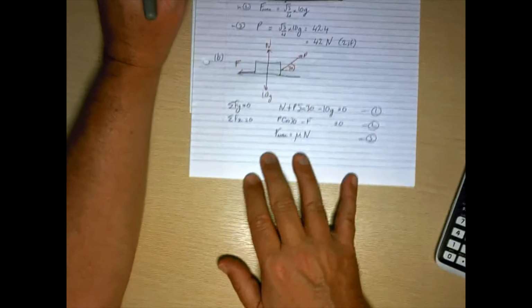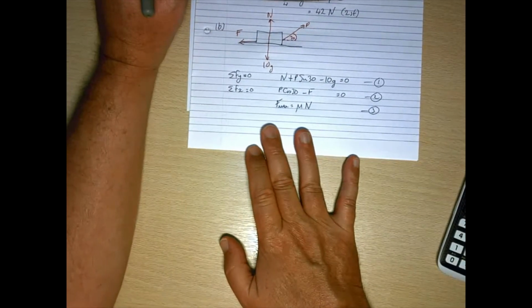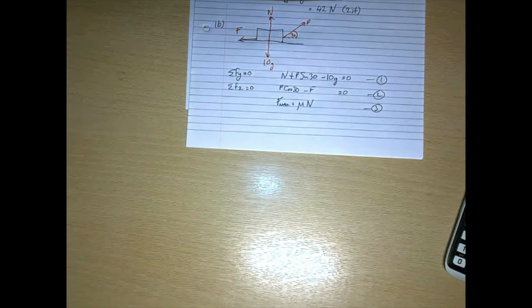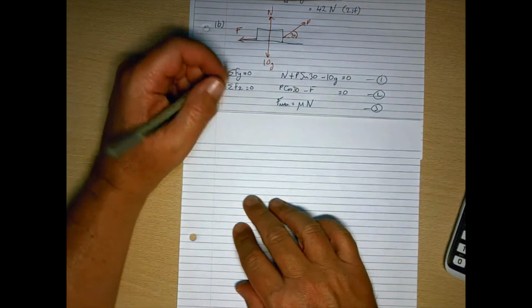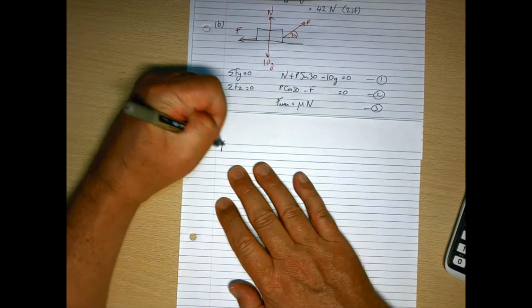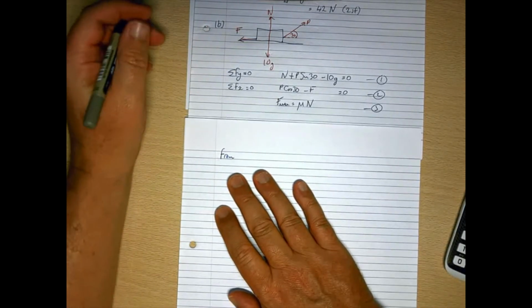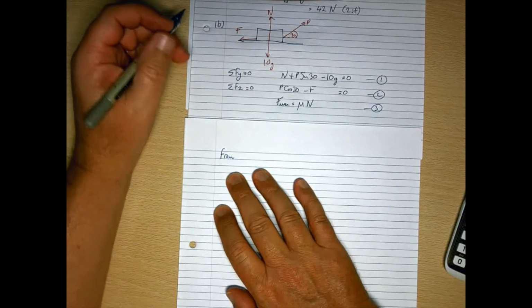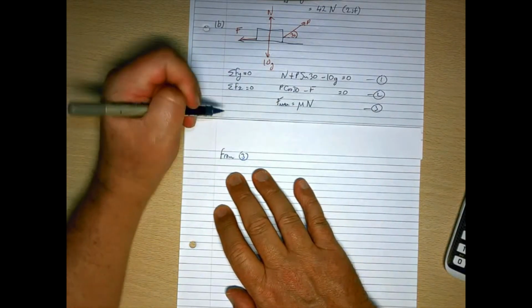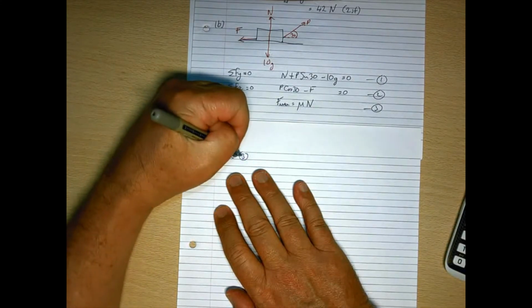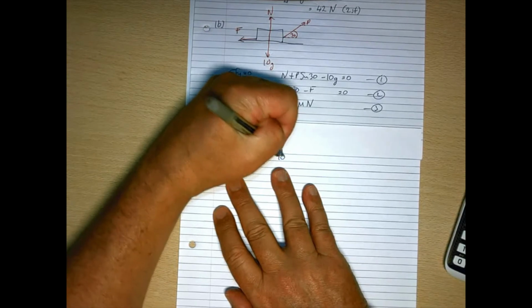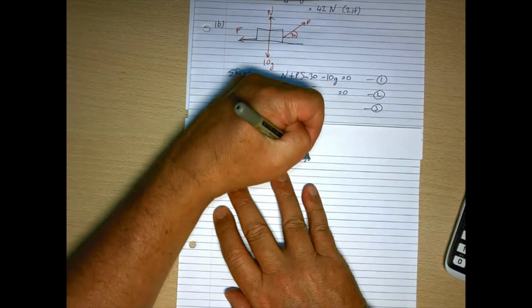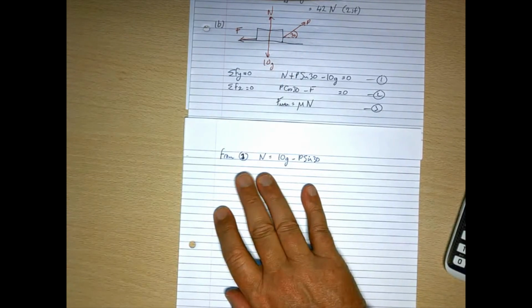So from 1, N equals 10g minus P sine 30.